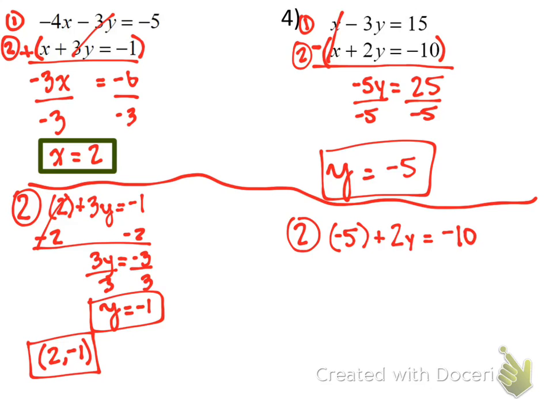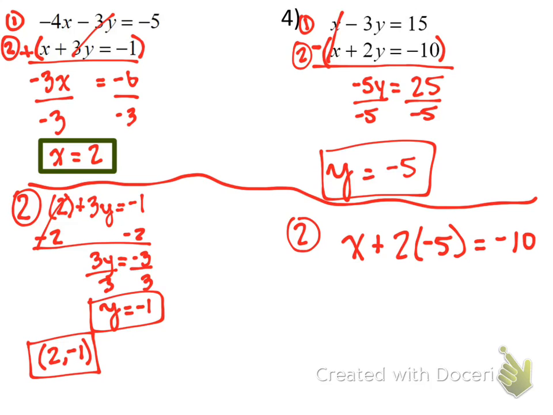Oh, that's right. Did I put it in the wrong place? Yeah, good job. There we go. So, we got x plus 2y, 2 times negative 5, is equal to negative 10. Okay, finish off the problem.